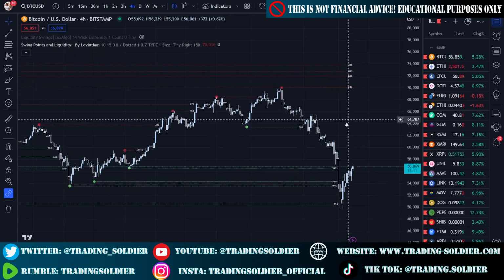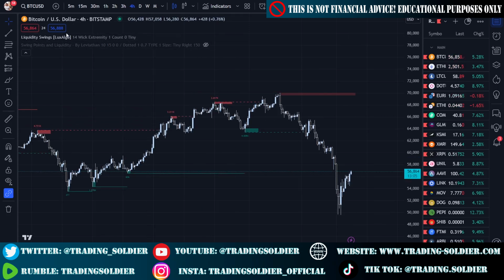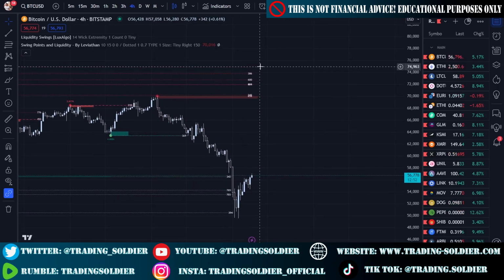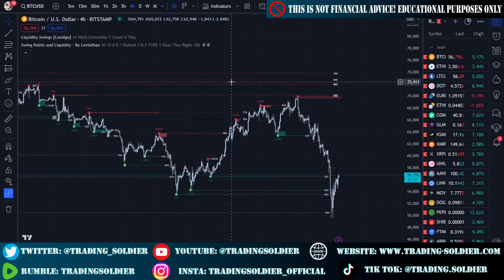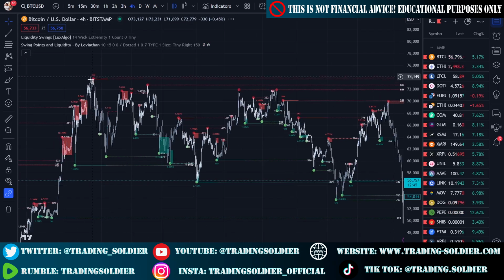If I switch off the Leviathan Capital one and switch on the Lux Algo, you can see that these red lines that the Leviathan one prints here are not visible. This is telling me that here were liquidity swing points in the past. You can see the last swing high when Bitcoin was at 73k, almost 74 here.